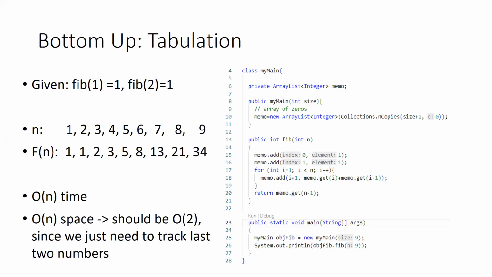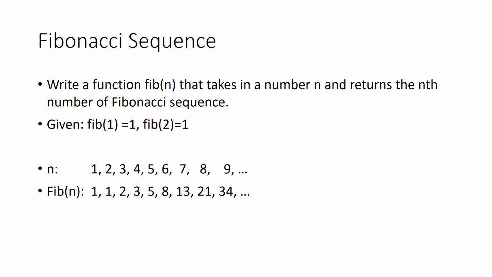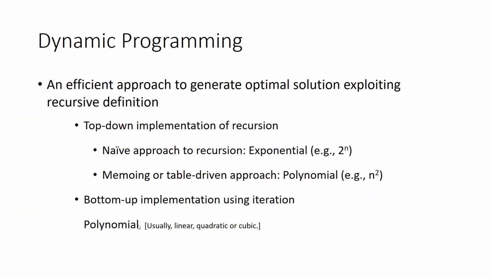Hello, everyone. So let's discuss the bottom-up strategy of doing the same problem. This is the strategy where, instead of using a top-down approach of recursion, we can simply use loops, an iterative approach, to solve the same problem.